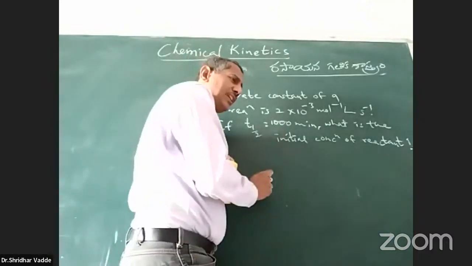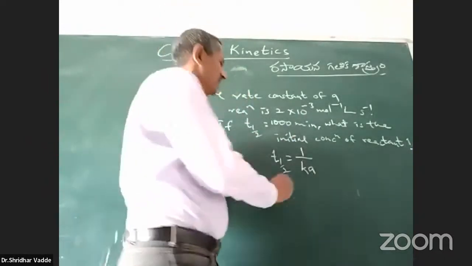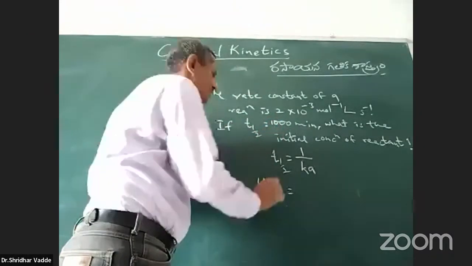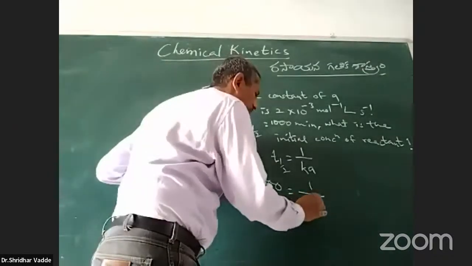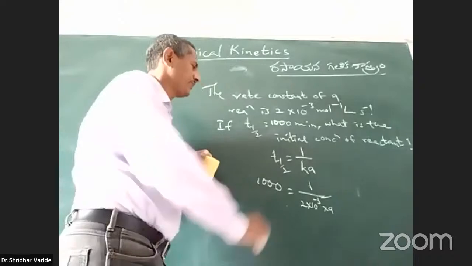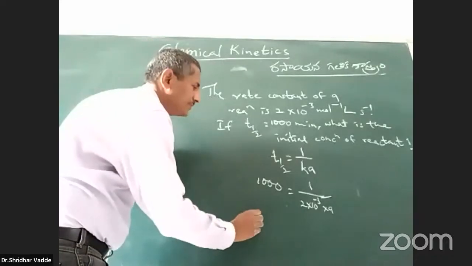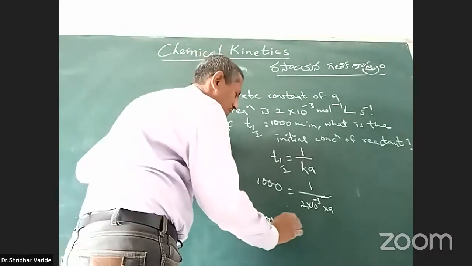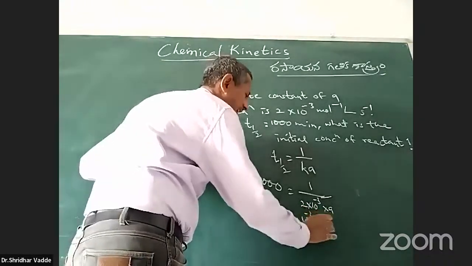In second order, what is the half-life? T half is equal to 1 by kA. So T half is how much? 1000 into 1 by what is K? 2 into 10 power minus 3 into A. So here, what can we write? 1000 into 2 into 10 power minus 3 into A is equal to 1.